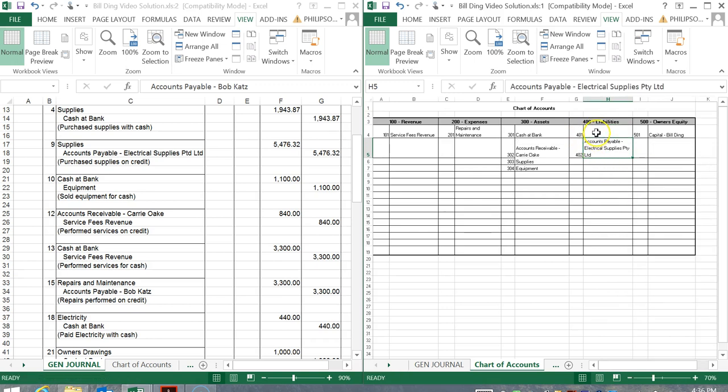By that I mean we have 401 as our main accounts payable account, or our header account. Then underneath our header account, we're going to have sub-accounts.